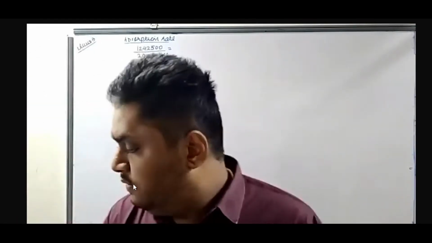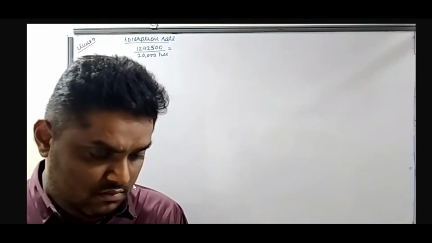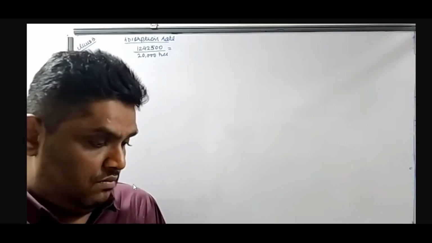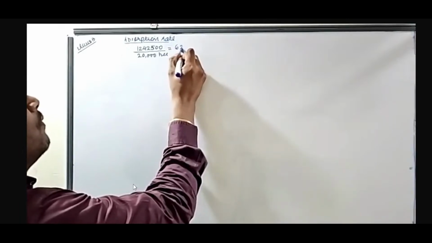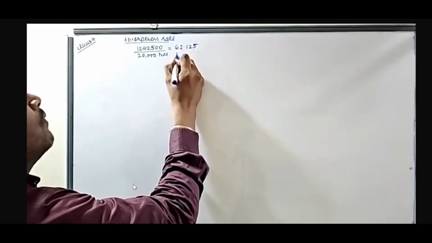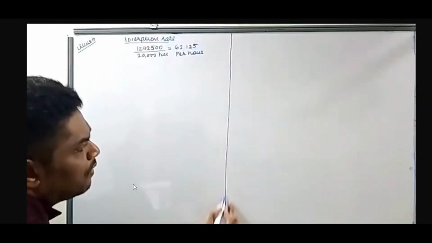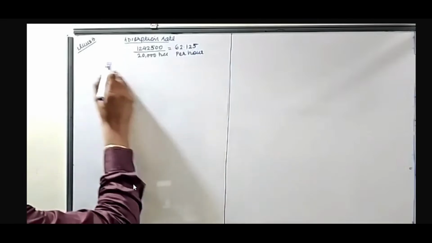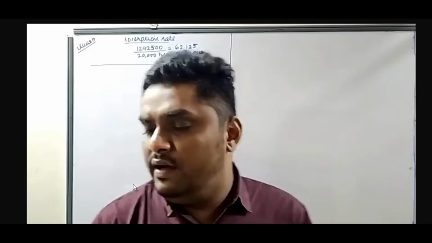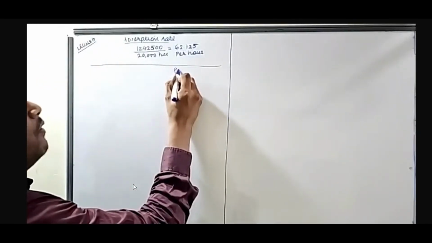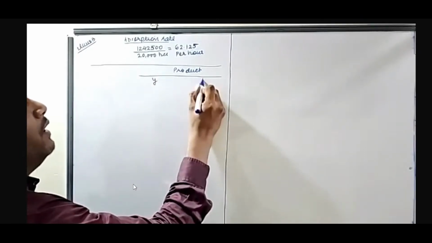We'll get the rate per hour. Now we can easily prepare the cost statement since we have the rate per hour. So there are two products, Y and Z.